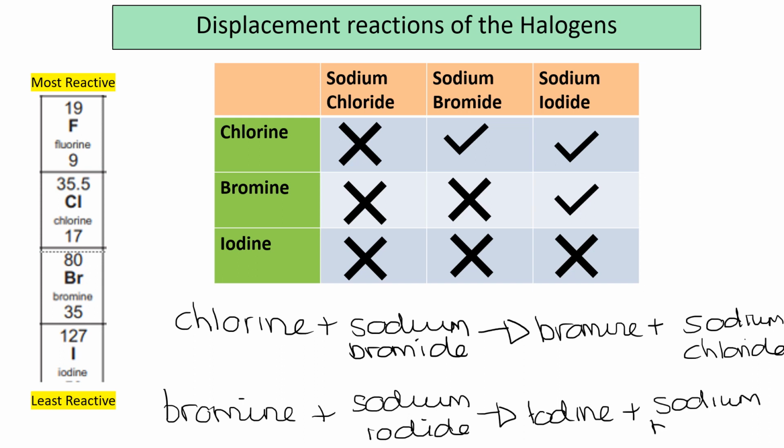It is very important to change the endings of the non-metal halogens. When they are on their own, they end in INE. When they are in a compound, they end in IDE. This is something that many students make a mistake with in their exams and lose marks.